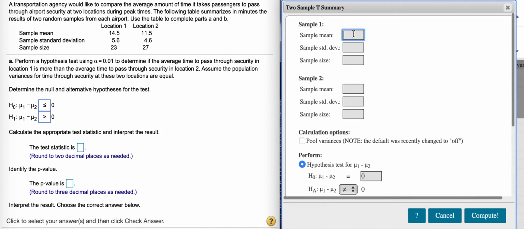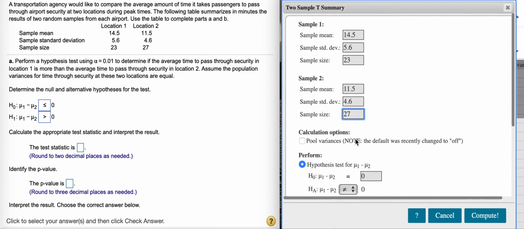From our summary data, we're going to use the sample mean for location 1 of 14.5, a sample standard deviation of 5.6, from a sample of 23. For location 2, we had a sample mean of 11.5, a sample standard deviation of 4.6, and a sample size of 27.